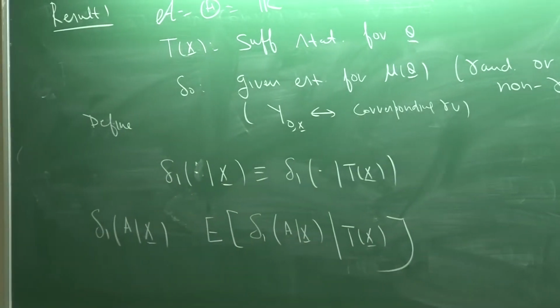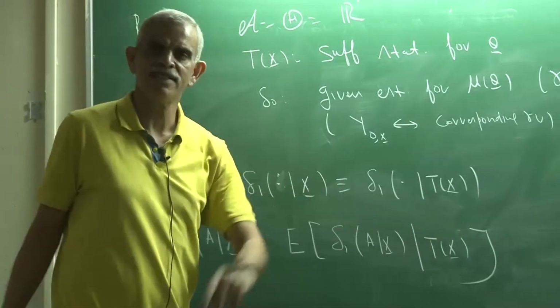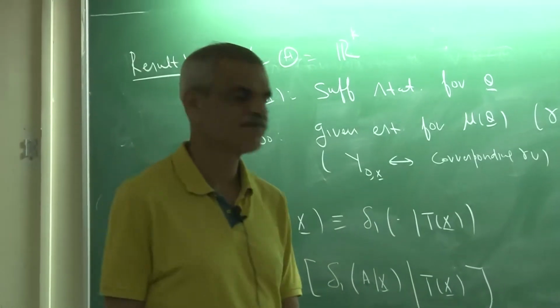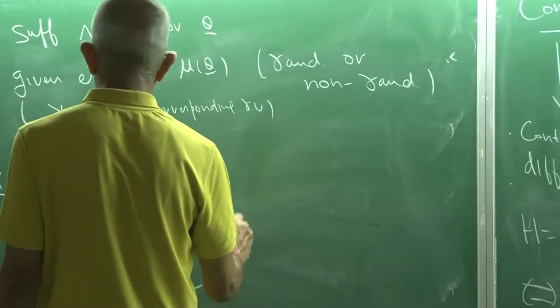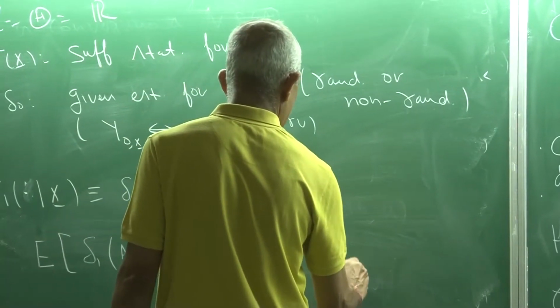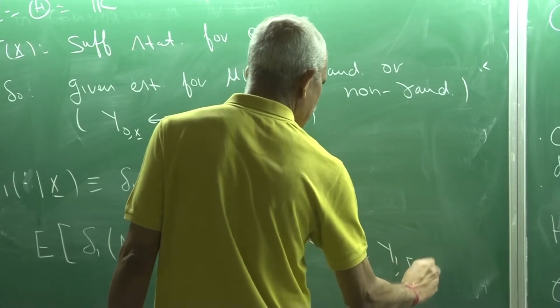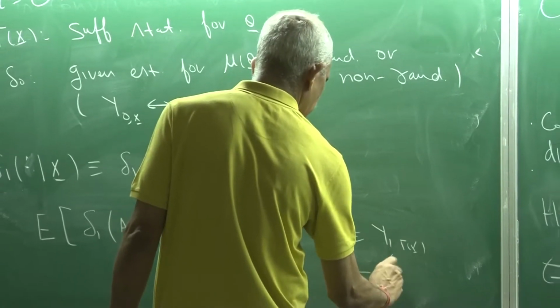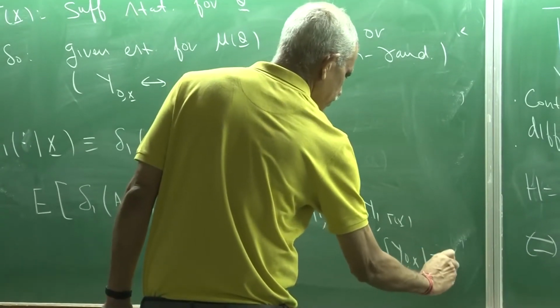So what it does is, it takes average with respect to conditional distribution of x given Tx. Or in other words, if I take corresponding random variable as y1x, which is basically y1, it will only depend on Tx. This is nothing but expected value of y naught x given Tx.